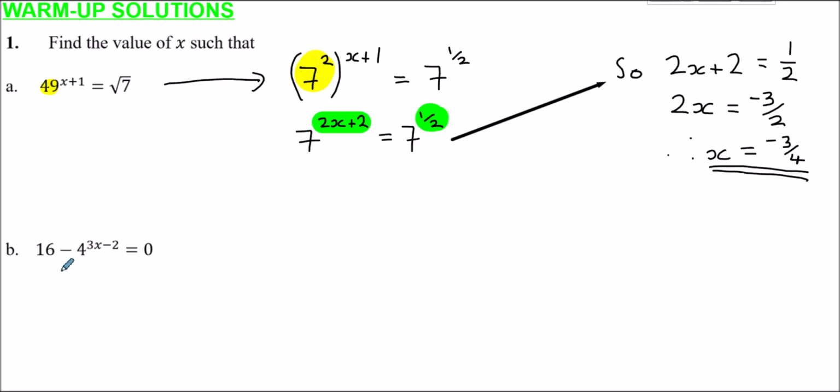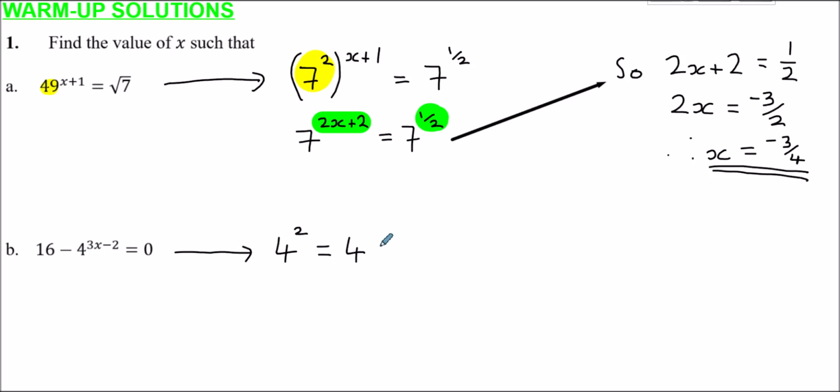Next, part B, a very similar question to part A in a sense. Again, it's a case of just experience to spot what to do. Here we've got numbers 16 and 4. We can change both of these numbers into base 4, because 16 is the same as 4 squared. We can then move this 4 to the other side.